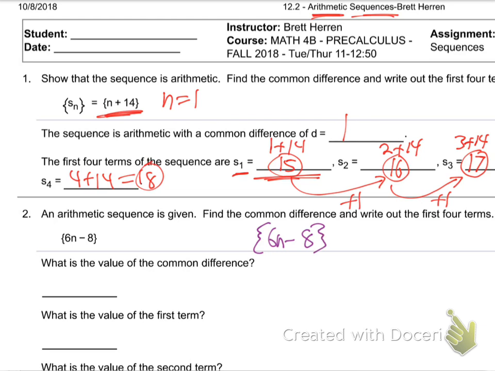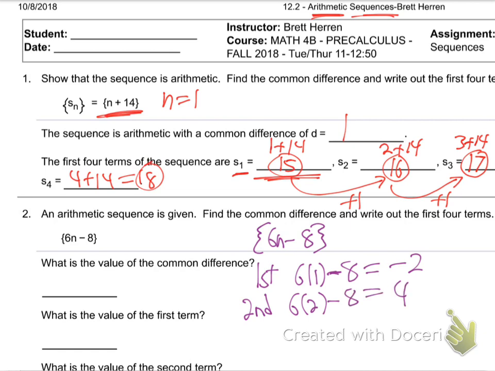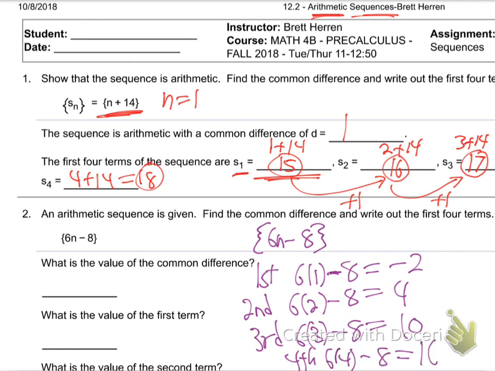So with 6n minus 8, the first term is 6 times 1 minus 8, which is negative 2. The second term, 6 times 2 minus 8, 12 minus 8, 4. The third term, 6 times 3 minus 8, 10. They want a fourth term too. 6 times 4 minus 8, 16.